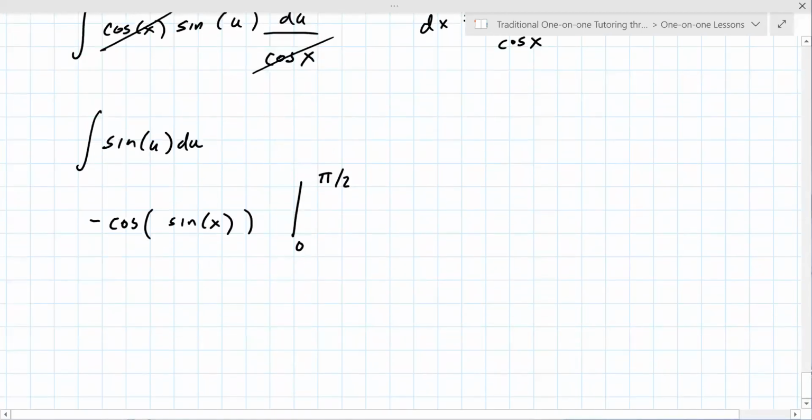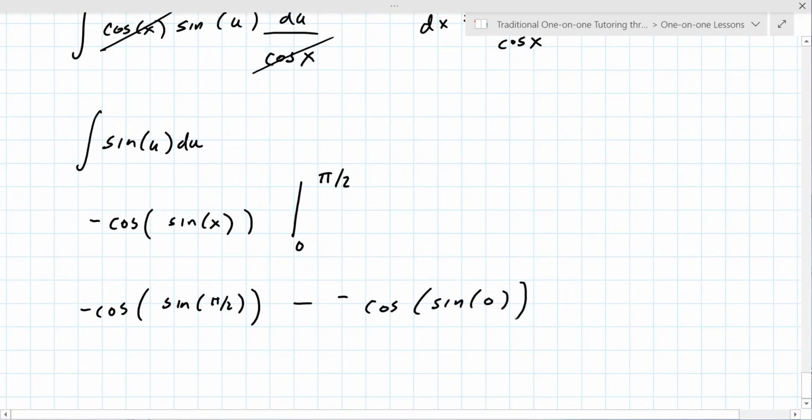So then it's negative cosine of sine of pi over 2, plus cosine of sine of 0, because it's negative. Negative cosine of sine of pi over 2, that's 1.